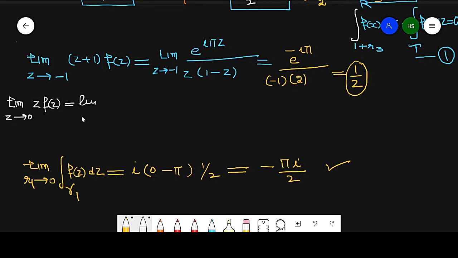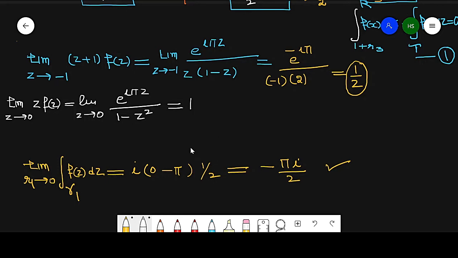So the limit as z approaches 0 of e raised to the power iota pi z over (1 minus z) squared. Substitute the value of z, so this will become 1, right?